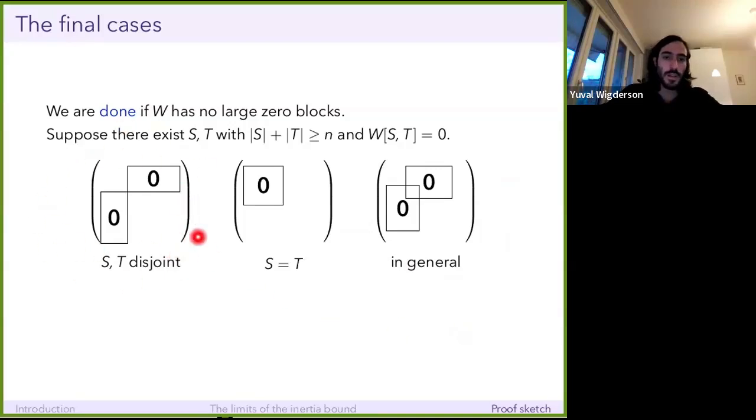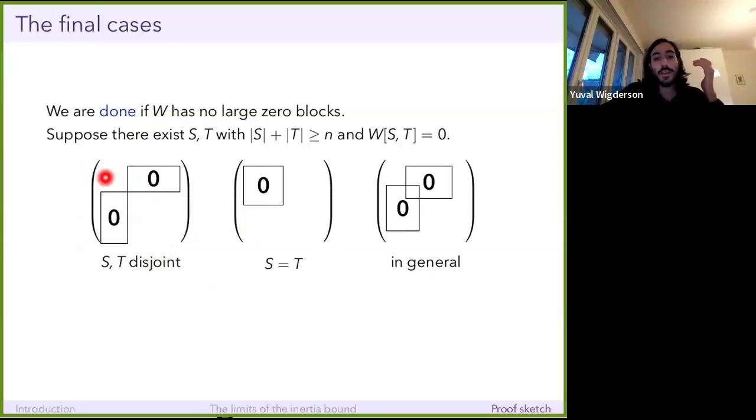For example, if our weighted adjacency matrix W looks like this, then we're just done. The reason is, if this is W, then it's a direct sum of two smaller matrices, and the eigenvalues are just the eigenvalues of this one, as well as the eigenvalues of this one.